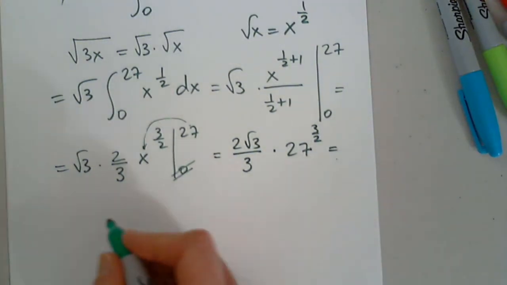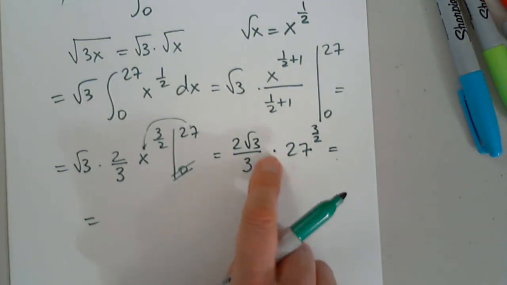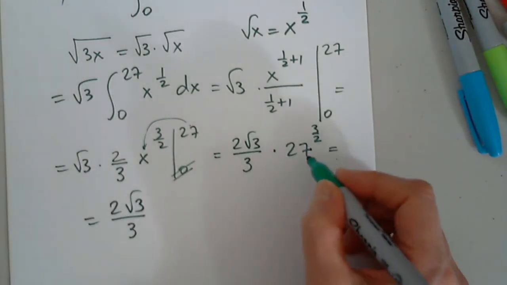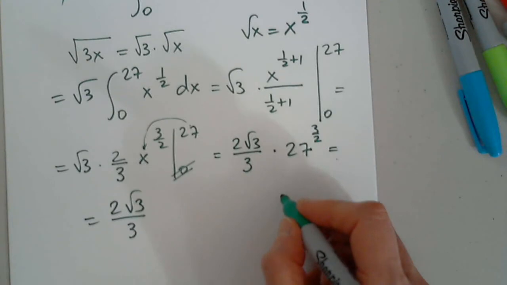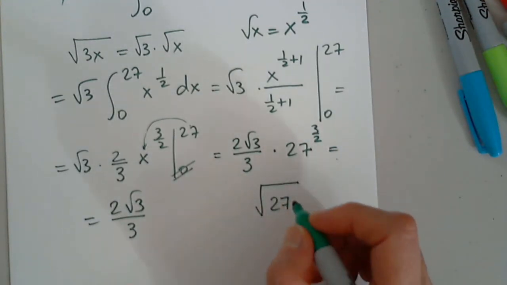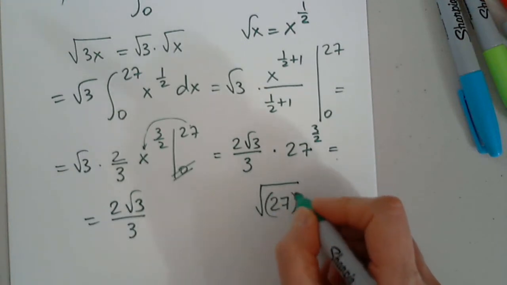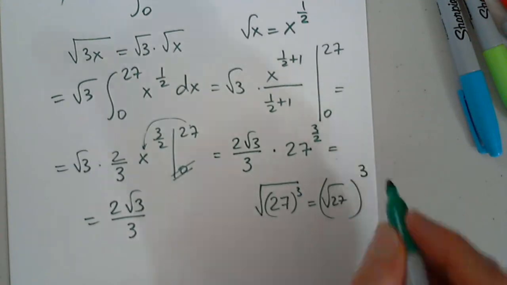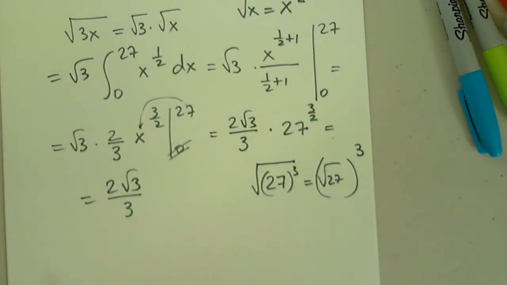Okay, now I have to be careful because this is not exact and I have to simplify it in a different way. So 2 the square root of 3 over 3, this, 27. 27 to 3/2 is the square root of 27 to the 3rd, or the square root of 27 to the 3rd. Both mean the same thing.